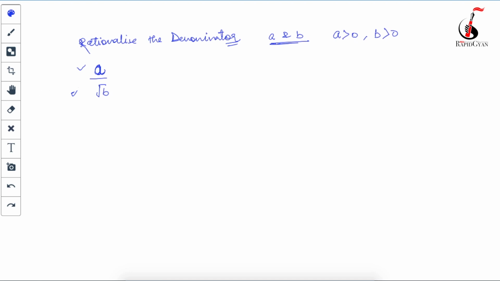So what will you have to do if you have to solve this kind of question? The numerator can be a rational or an irrational number, like under root a upon under root b, anything like this. You will have to multiply numerator and denominator with the denominator.